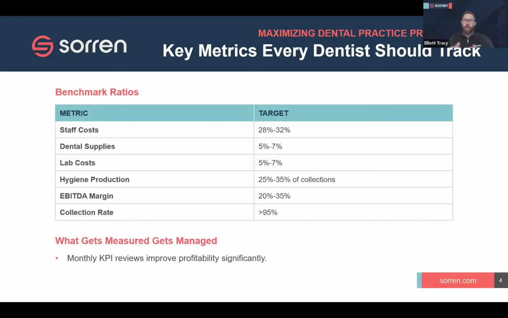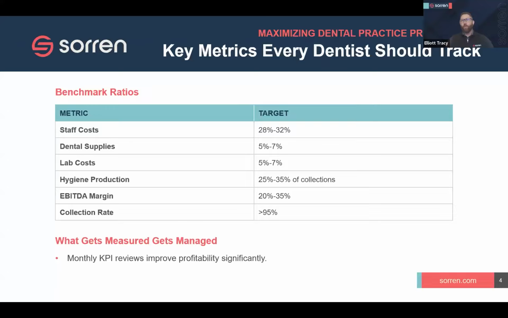So oral surgery generally is going to have a lower overhead percentage as a percent of their collections. The dental office is usually not necessarily higher, but these items are going to take up more of that overhead percentage.